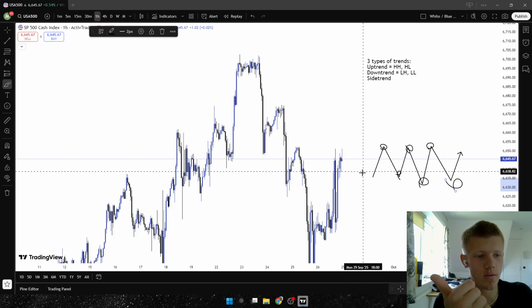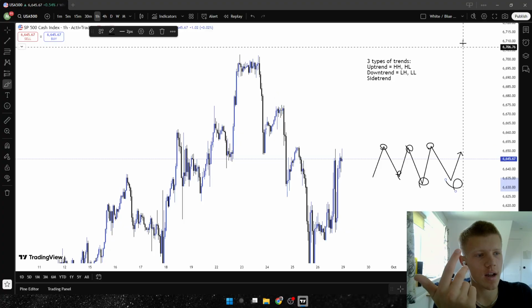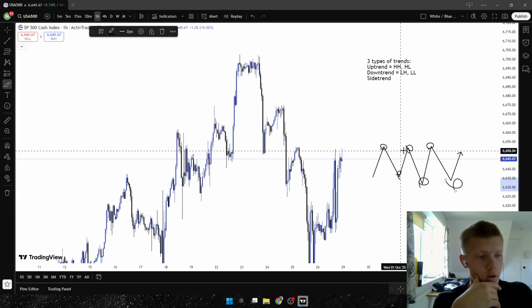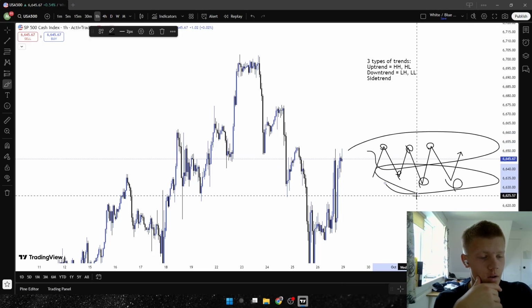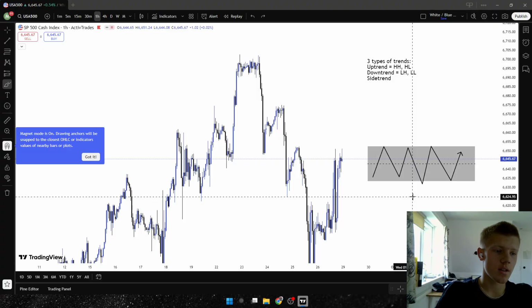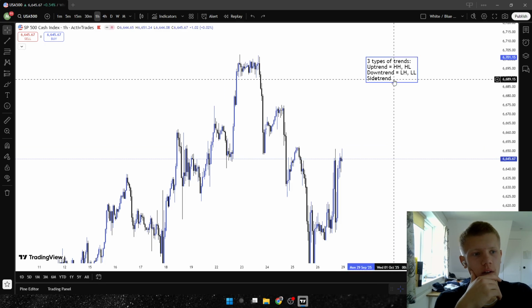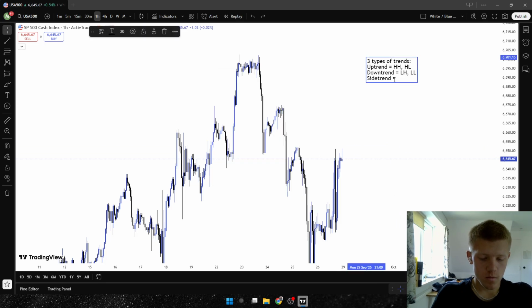We're not printing higher highs and higher lows, and we're not printing lower lows and lower highs either. We're printing somewhat equal highs and equal lows. So that's just how I spot it. We're not going up and we're not going down either.